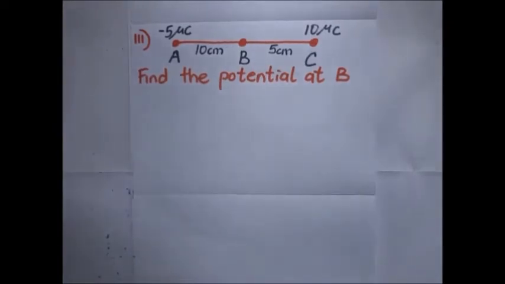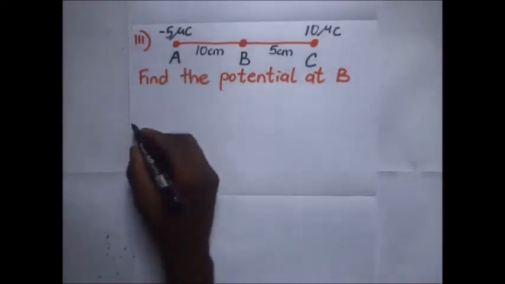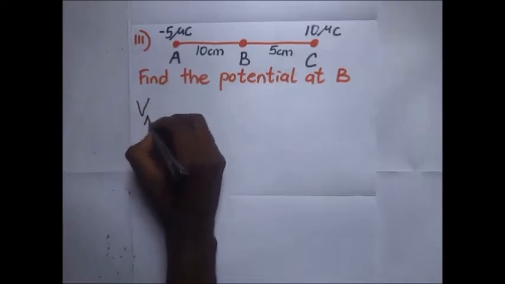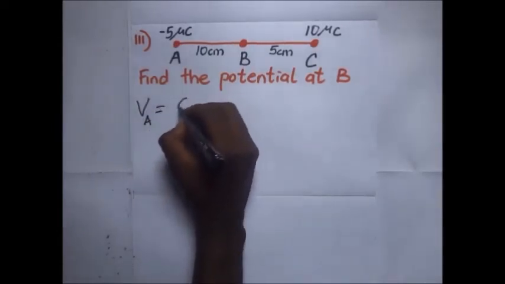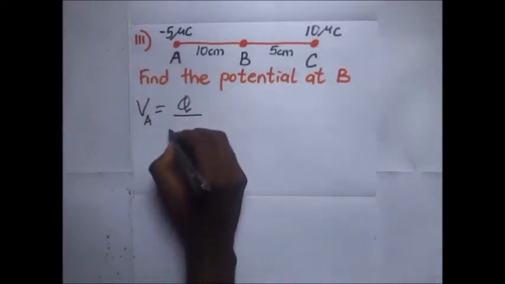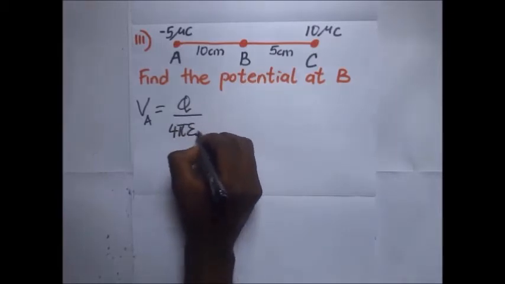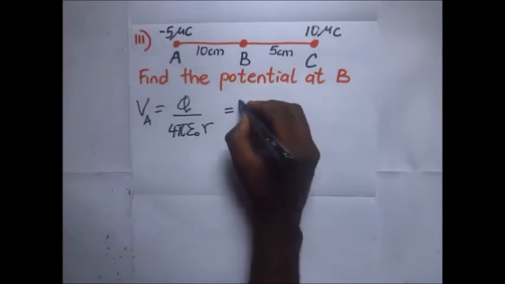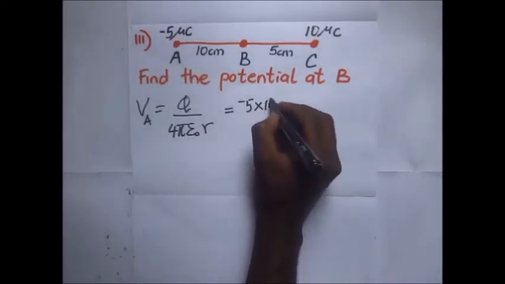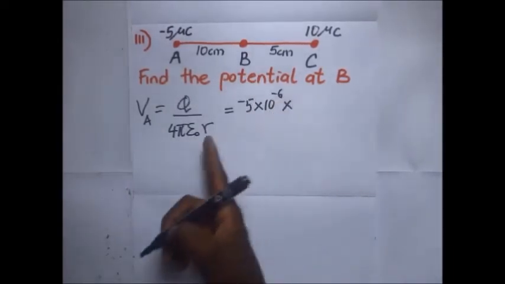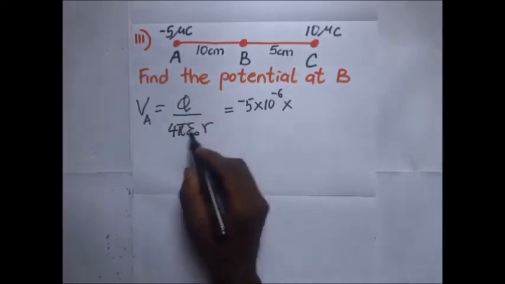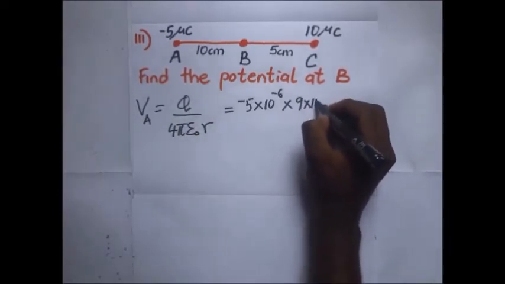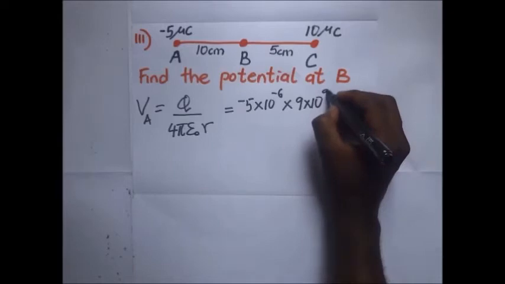So we will begin. So potential at B due to A, we'll call it VA, is going to be, we'll still use our formula Q over 4 pi epsilon naught times R, and that's going to be, our Q is negative 5 times 10 to the power negative 6. Multiply that by, this is 1 over 4 pi epsilon naught, which is 9 times 10 to the power 9.